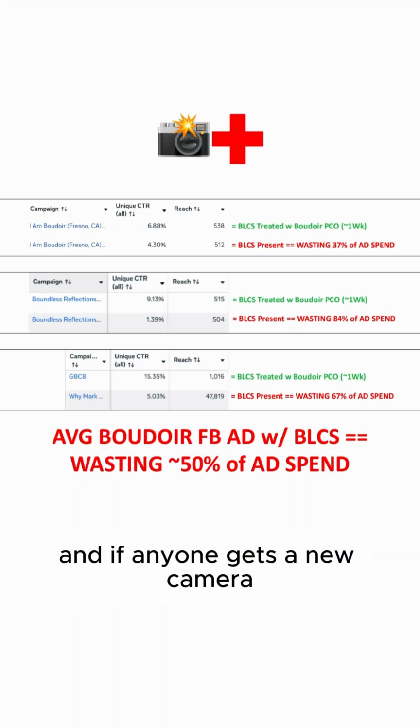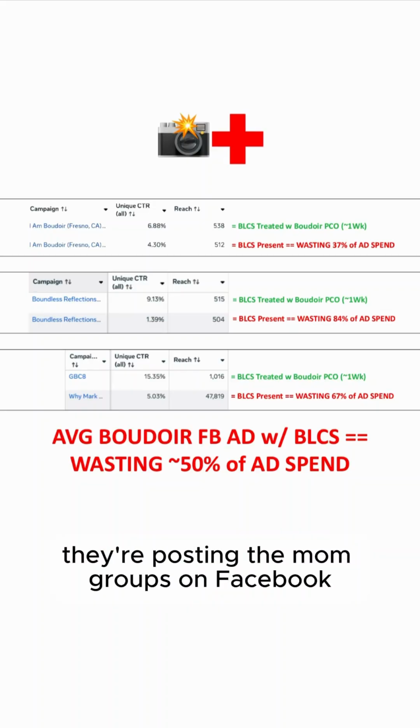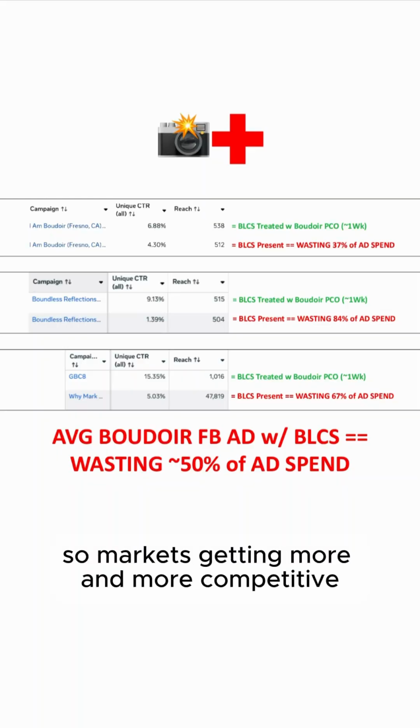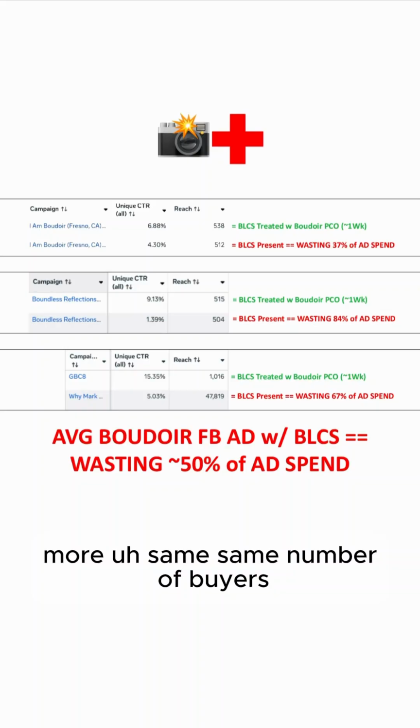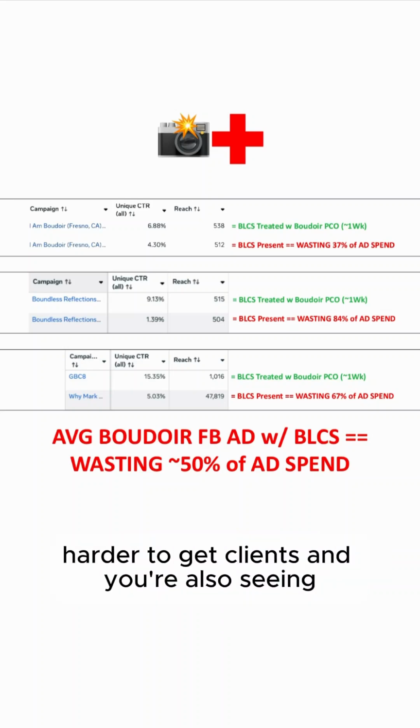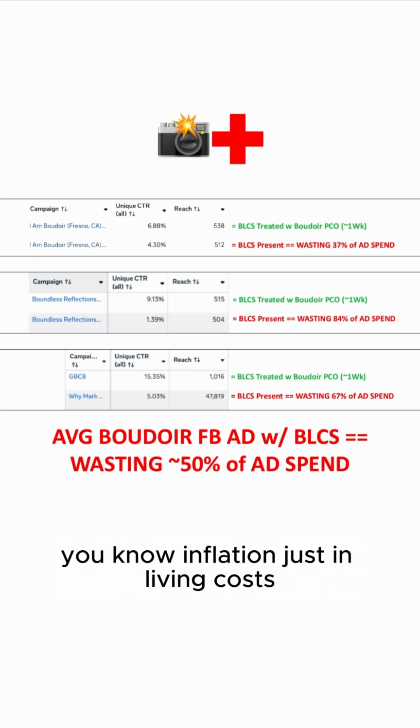And if anyone gets a new camera, they're posting in the mom groups on Facebook that they also shoot boudoir. So the market's getting more and more competitive. Same number of buyers, but more sellers, more competition.